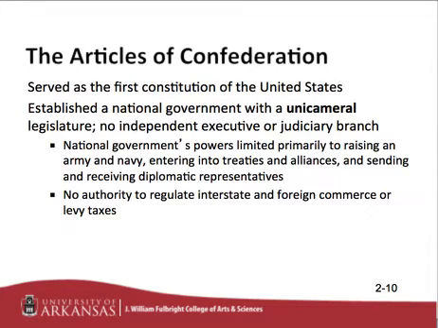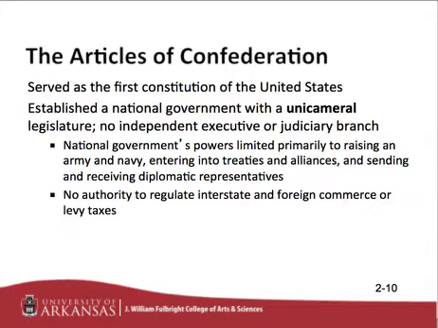This led to the first form of government, the Articles of Confederation, and it was the first constitution in the United States. It was established as a national government with a unicameral legislature. In other words, there were just representatives from each of the states, and they were equally represented. And there's no independent executive or judiciary branch.